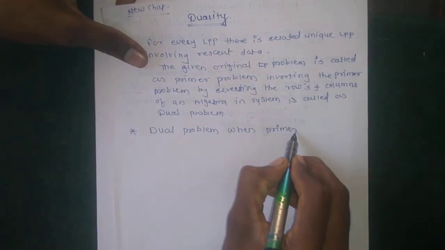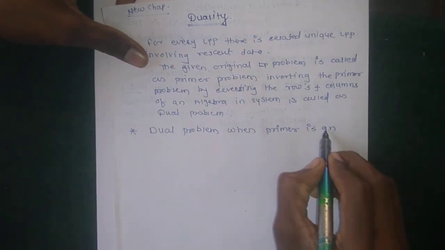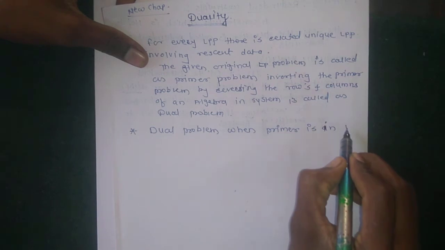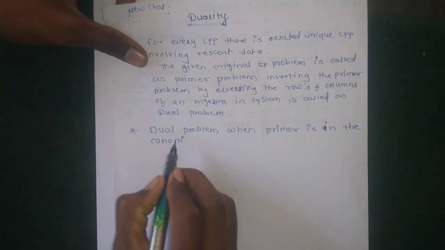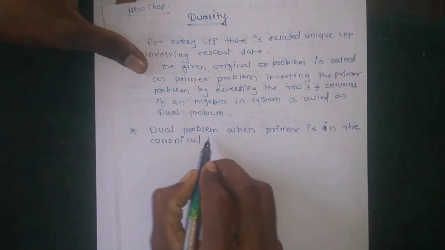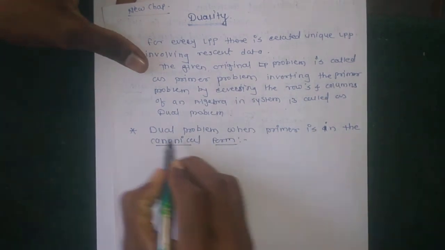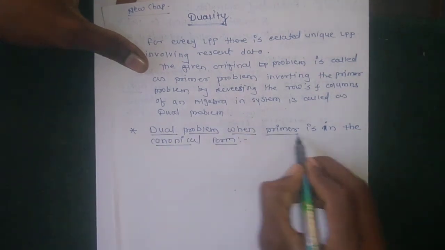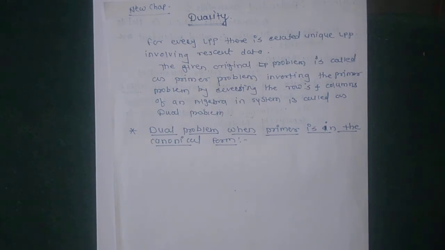Okay, canonical form. When the primal problem is in canonical form, then we have to find the dual problem in this way.